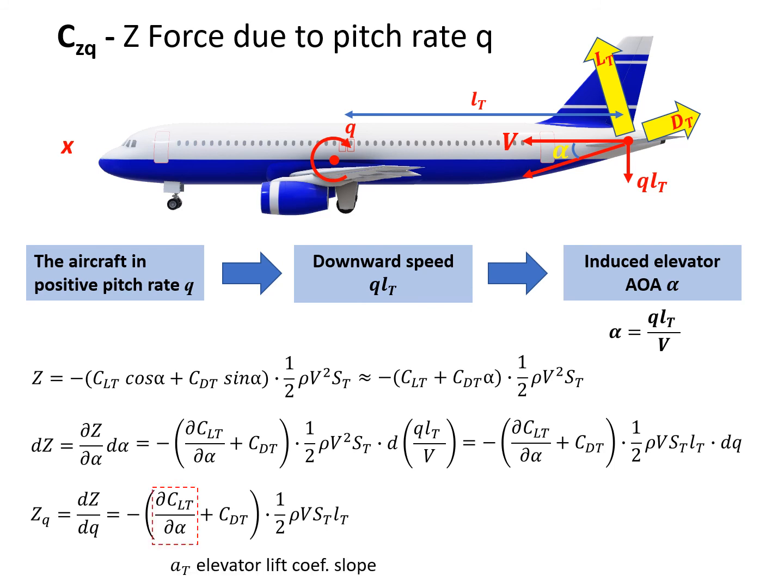Now, partial CLT partial alpha is actually the elevator lift coefficient slope, a constant, so we can replace that partial derivative with AT. Now we have ZQ, and it's contributed by two components: one is the lift from the elevator, the other is the drag from the elevator.